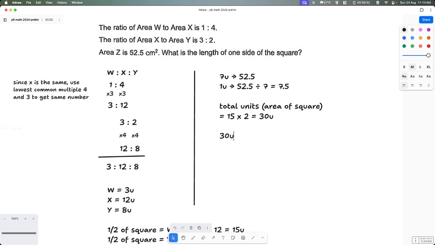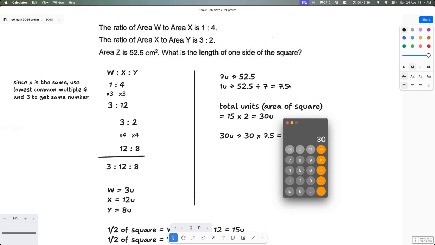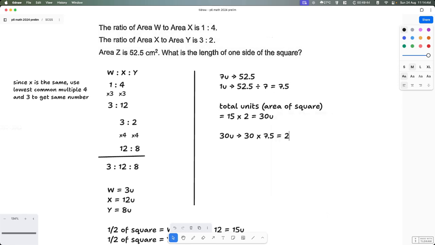So 30 units is equal to 30 times 7.5, which is 225.